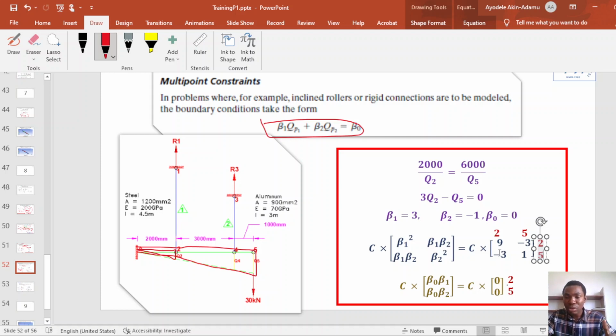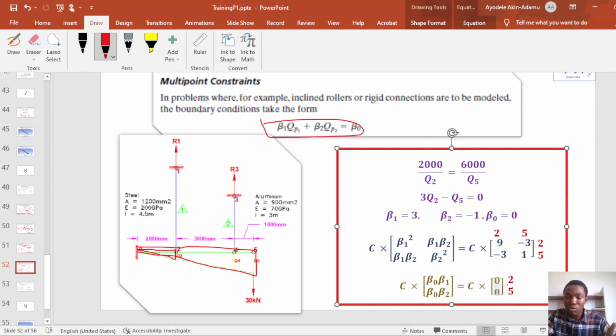For the first vector, because our B0 is 0, B0 times B1 is 0, B0 times B2 is also 0. If there were a value here, we would also have to add this vector to our first vector at positions 2 and 5.